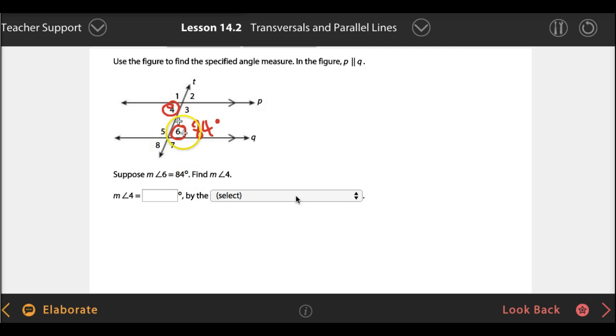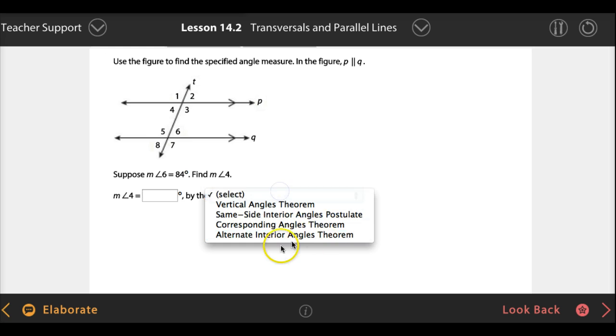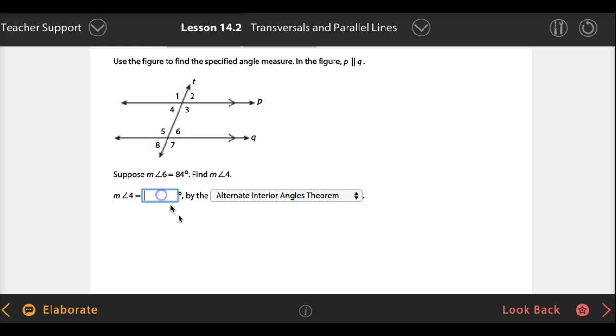What kind of angles are these? They are alternate interior angles because they're on opposite sides of the transversal, but both on the inside of the parallel lines. So they measure the same, and that's why it's 84 degrees.